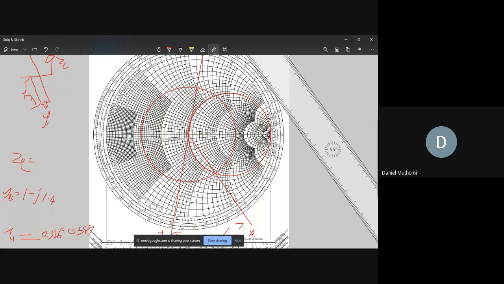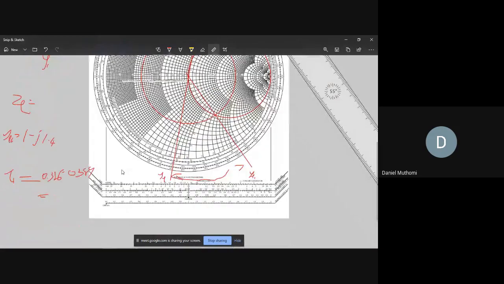For this one, the correct value will be 0.389 minus 0.326, so actually, it's not a negative distance per se.